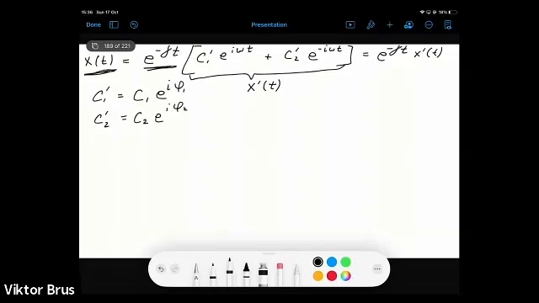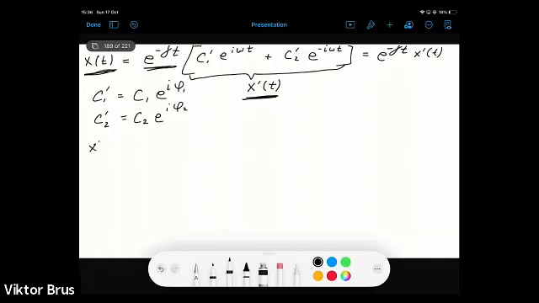So we are now interested in this complex part of our solution, x prime of t. So let us write it down in a format where every quantity will be given in terms of real and imaginary components.